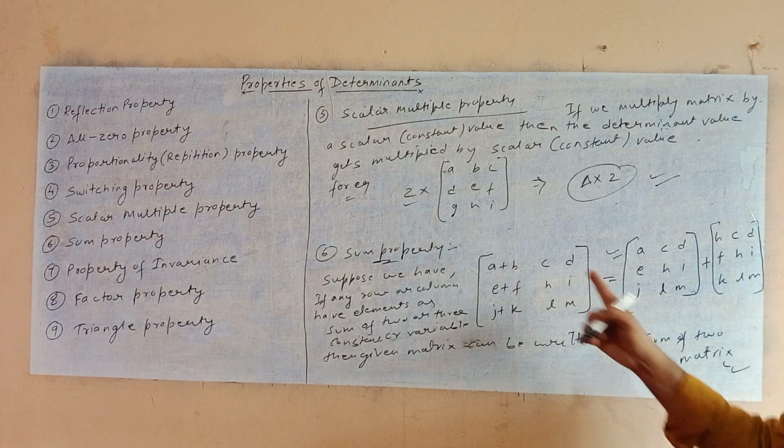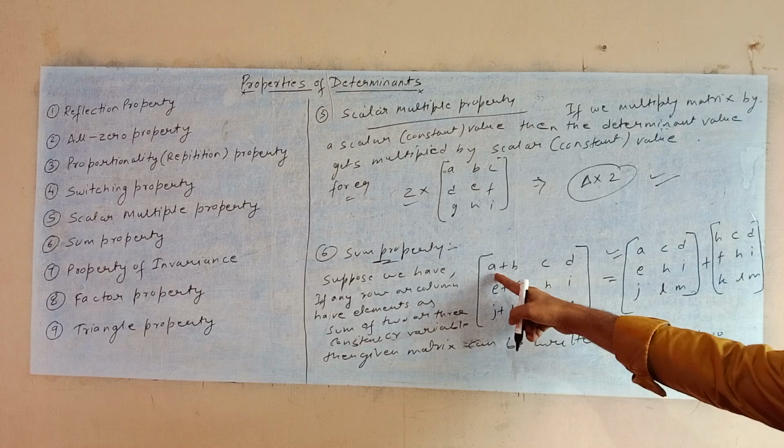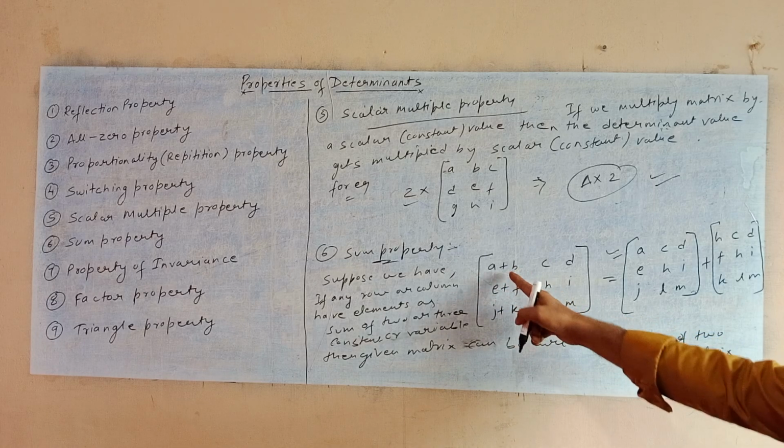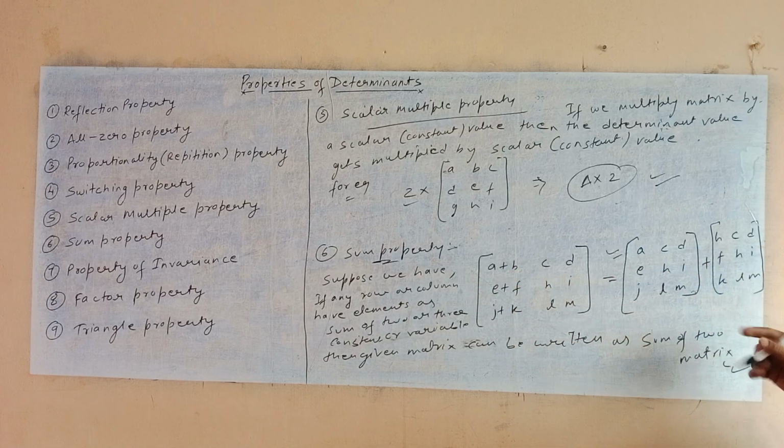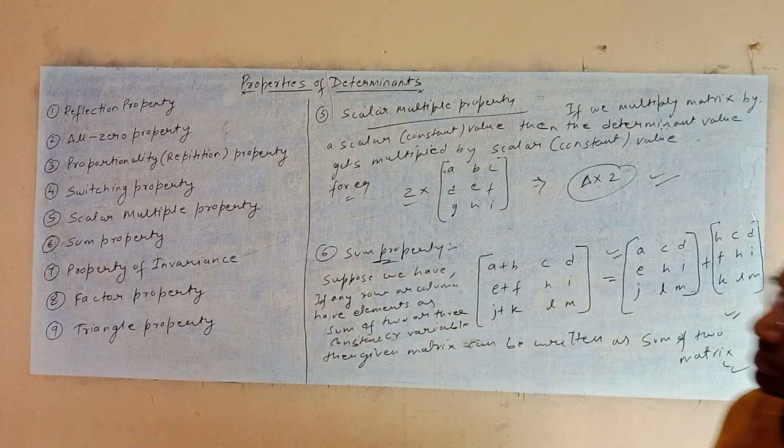See here, in this matrix a column is represented by the sum of two variables, then these can be separated. In this way you can write. So this is called the sum property.